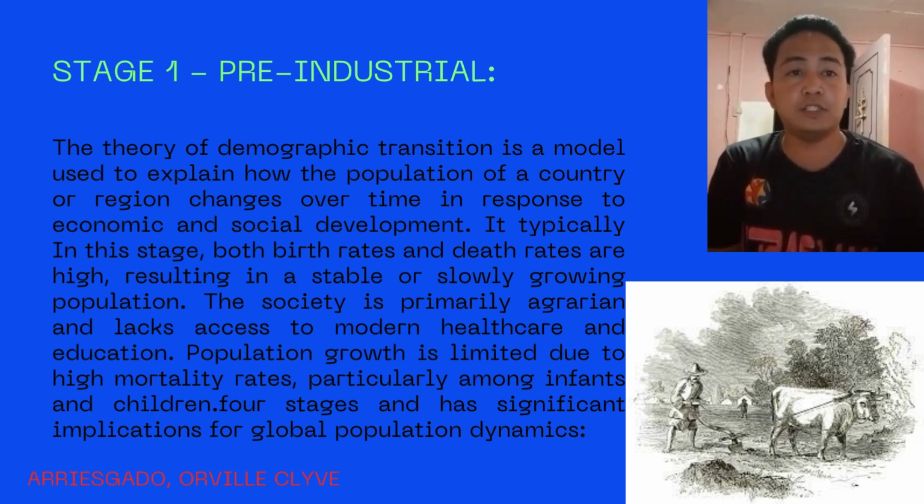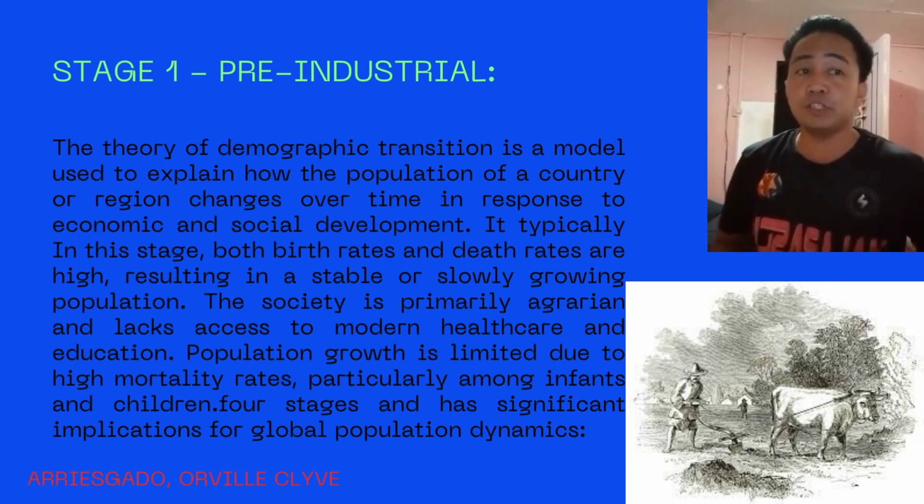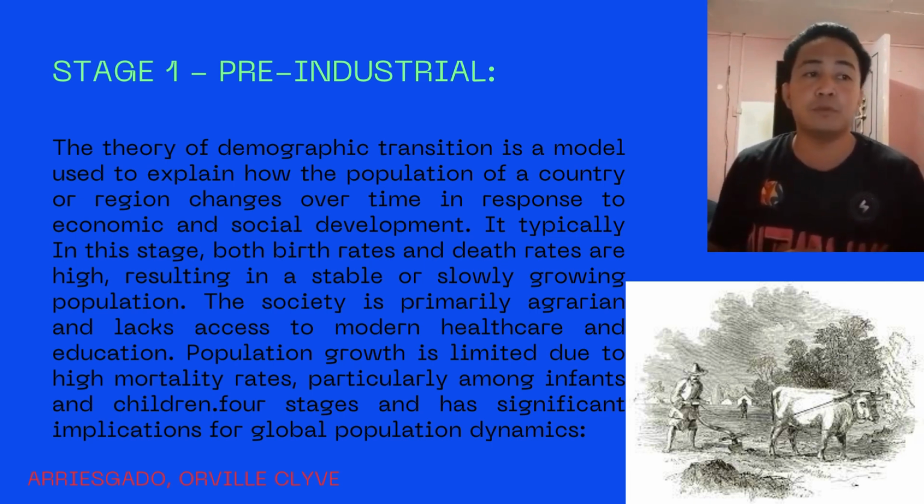Stage 1, Pre-industrial. In this stage, both birth rates and death rates are high, resulting in a stable or slowly growing population.